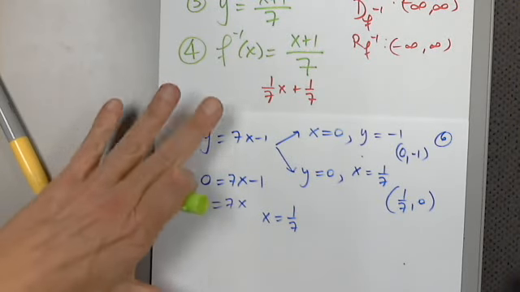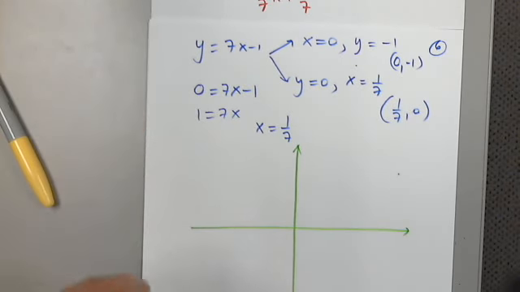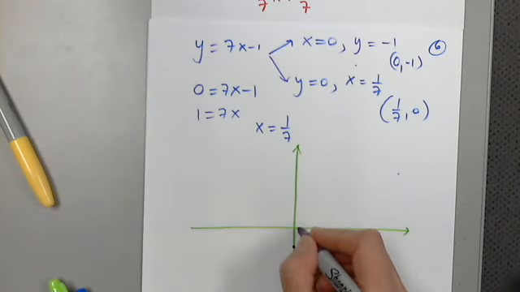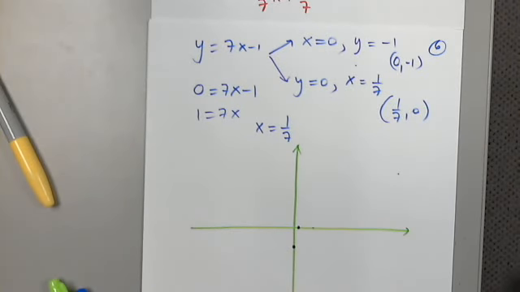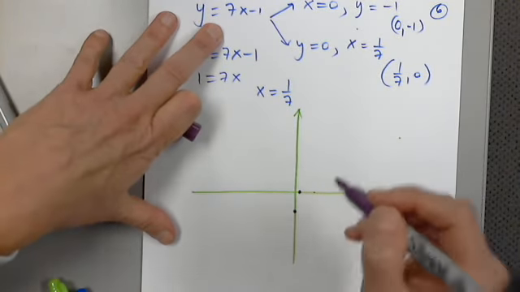Okay, so let's graph. 0, comma, -1 is here. And 1/7, I'm going to say it's here. It's not, of course. I don't know how to plot 1 over 7, but I'm going to say this is 1 over 7.